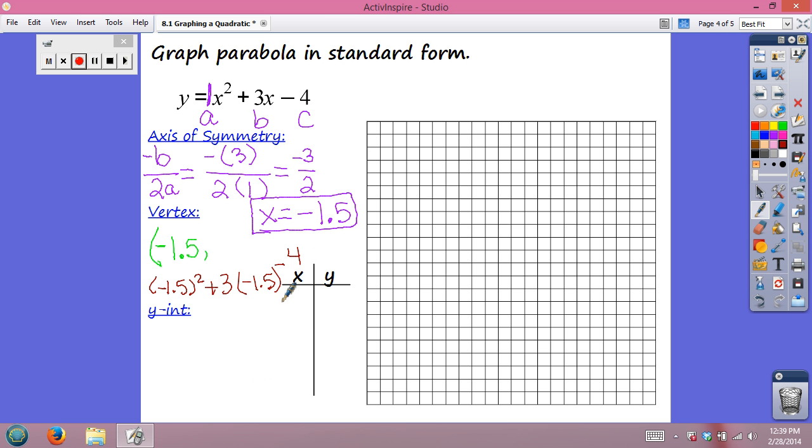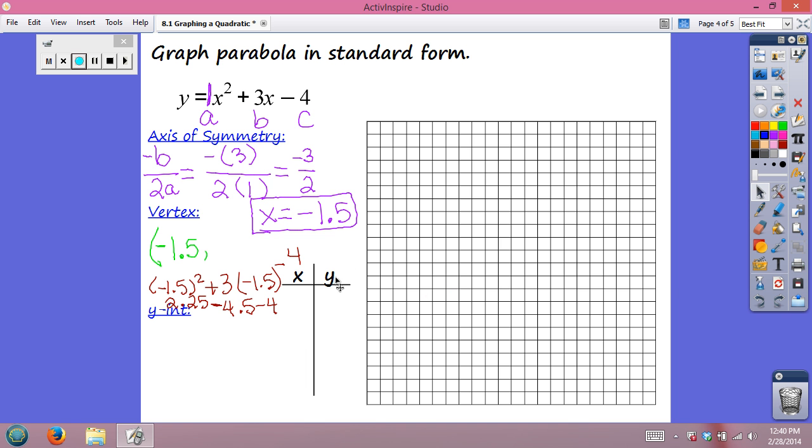Go ahead and use your calculators if you need to. -1.5 squared is 2.25 plus 3 times -1.5, so we should be changing this plus sign to a minus because a positive times a negative is a negative. 3 times 1.5 is 4.5 minus 4.